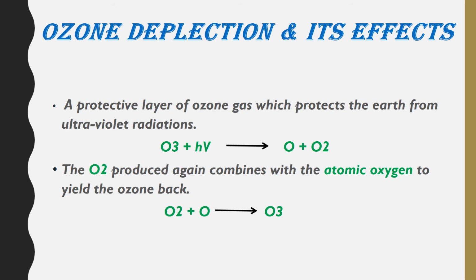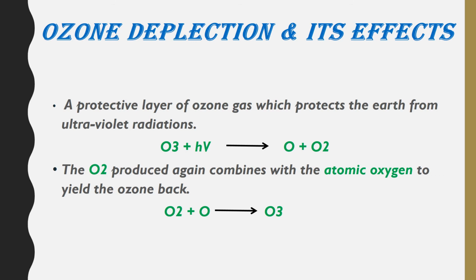And this ozone has the ability to absorb the ultraviolet radiations and change them into infrared radiations, because infrared radiations are not that dangerous, whereas ultraviolet radiations are dangerous for life on earth. So this ozone is the only cause of protection from these hazardous radiations that are coming from the sun.